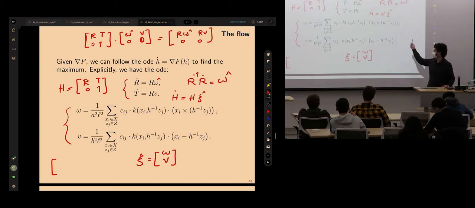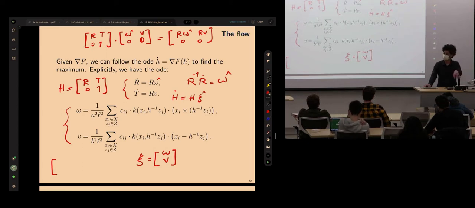But we can write it for rotation and translation separately. So moving in the manifold from one point to another point, it just needs a rotation. When you look inside, we're just rotating the vectors.